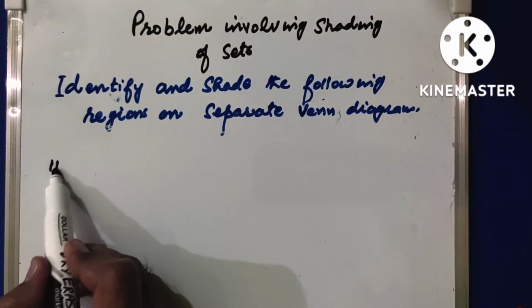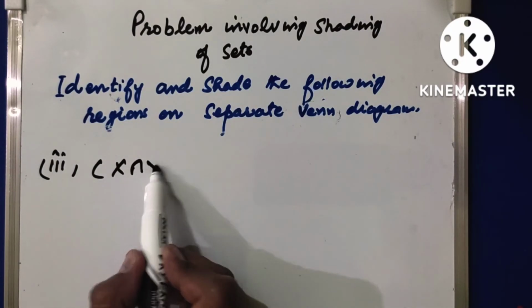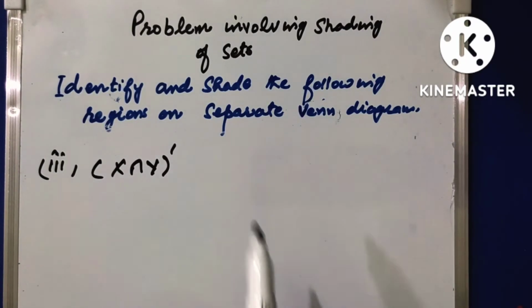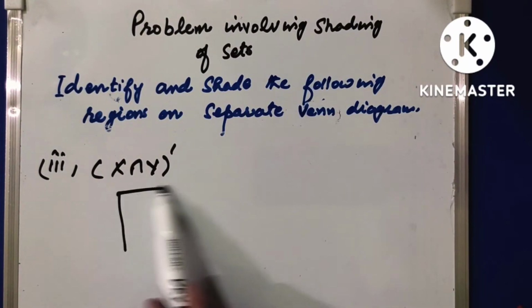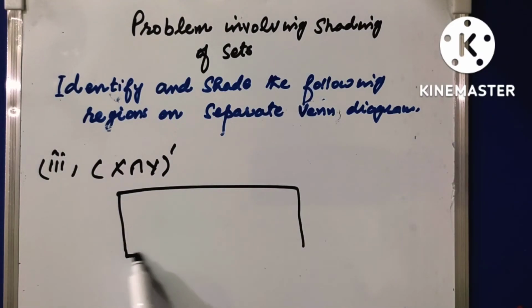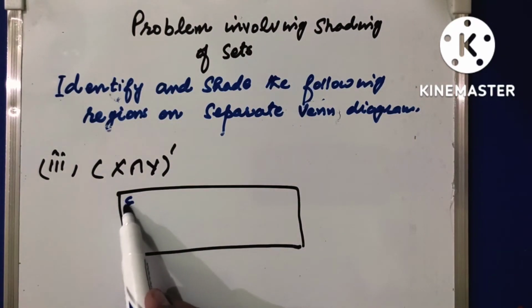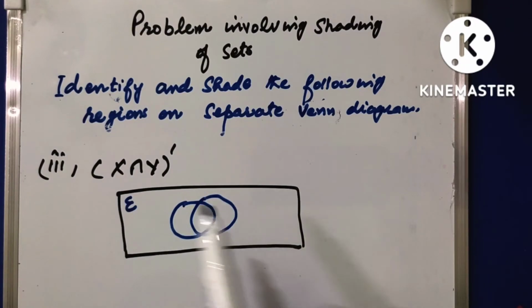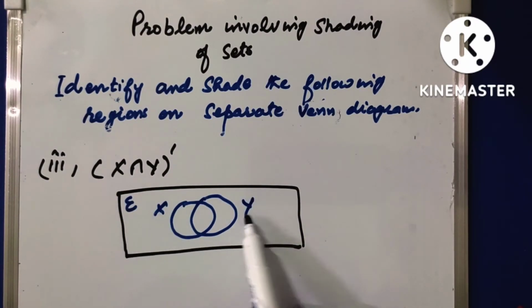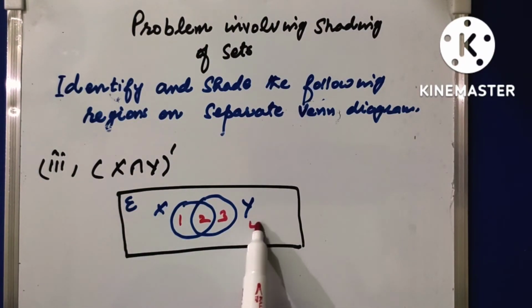Third part is X intersection Y whole complement. We will draw the Venn diagram. And we can take randomly numbers 1, 2, 3 and 4.